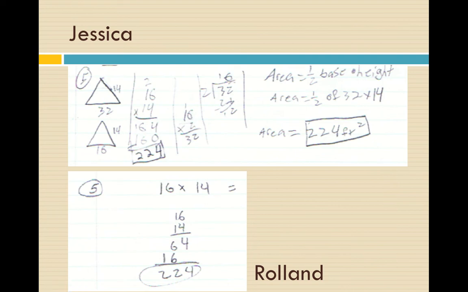Seems like most of the work was done mentally. He did 32 divided by 2, multiplied by 1/2, which is just dividing by 2. He did that in mental math, and then here he wrote out 16 times 14, which is the base times height, and came up with the answer 224.